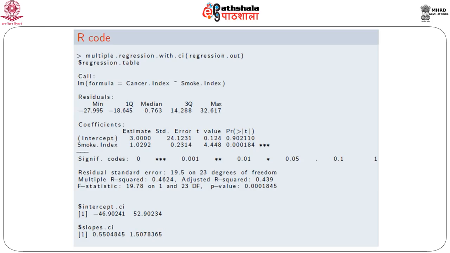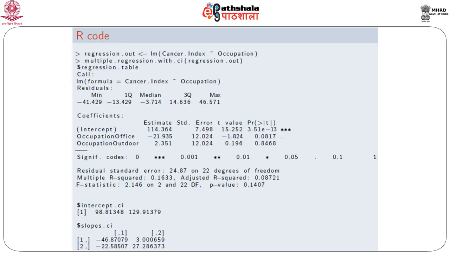So, from the p value, we reject the null hypothesis that beta 1, which is the regression coefficient corresponding to smoke, equals 0, and the confidence interval that we have computed for slope also gives us numbers which are positive, which means the confidence interval does not include 0. So, we had rightly inferred that smoke index is a significant predictor for this model.